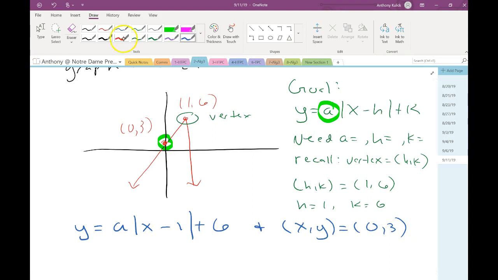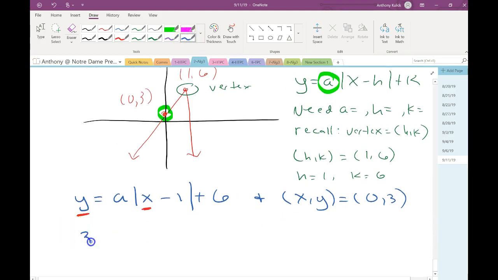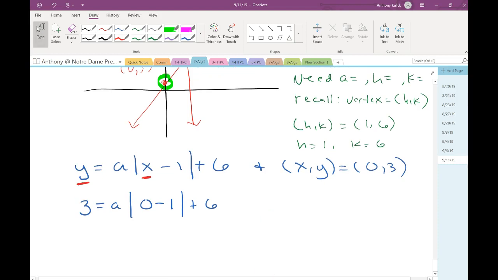Well, if I look at my equation here, it has an x and a y in it, doesn't it? What I'm going to do is plug 3 in for y and 0 in for x and use that to solve for A. So 0 minus 1 is negative 1.